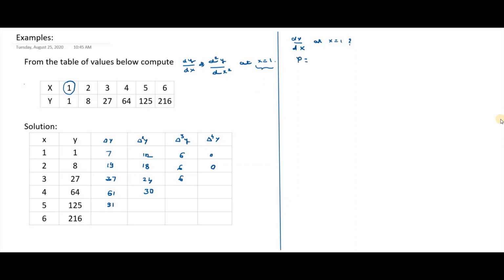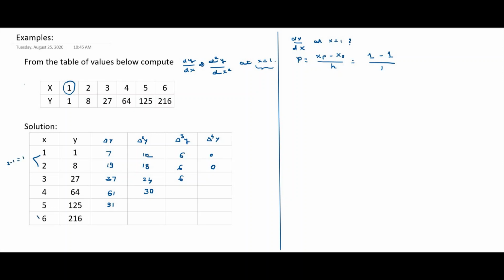So p is equal to xp minus x naught divided by h, and xp value which is given, that is 1, minus x naught value, the first value of x, which is 1, divided by h. h is the difference between two consecutive values of x. From the table, 2 minus 1 is equal to 1.